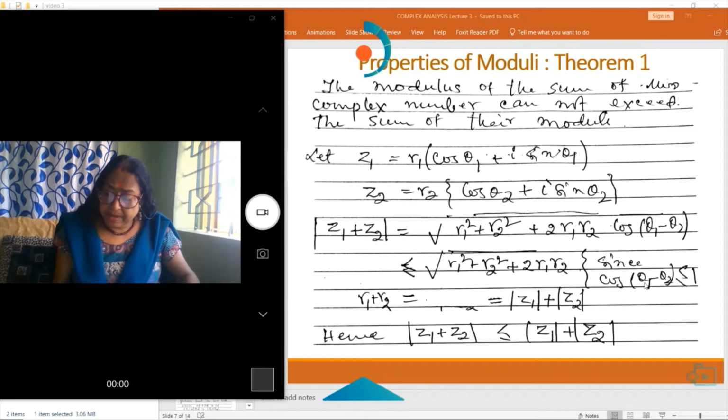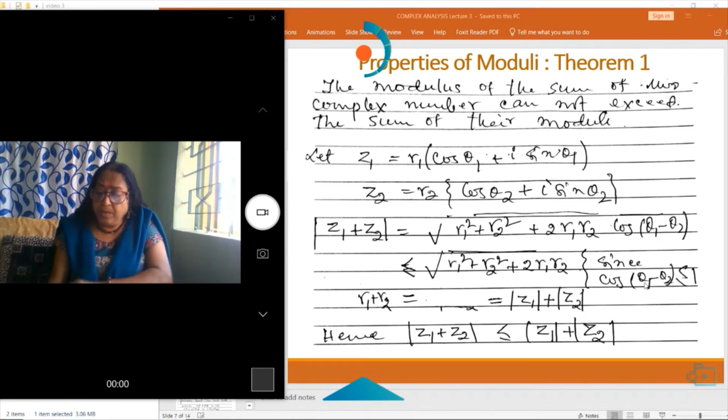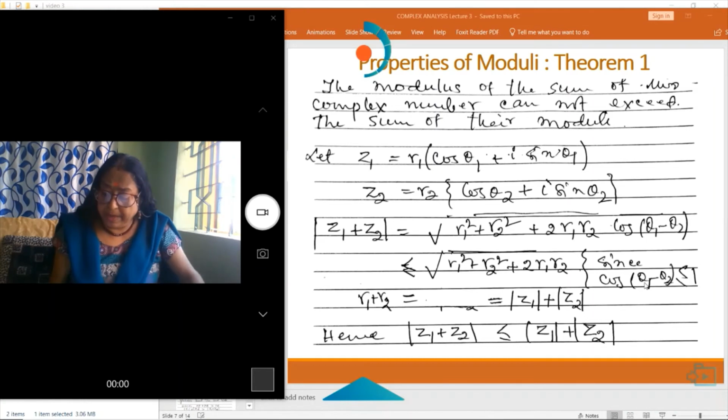Then we know that the modulus is equal to the root of r1 square plus r2 square plus 2 r1 r2 cos of theta 1 minus theta 2, which is less than or equal to the root of r1 plus r2 whole square, since cos of theta 1 minus theta 2 is less than or equal to 1. So this is r1 plus r2, which is modulus of z1 plus modulus of z2.